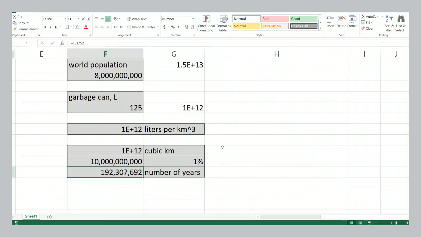Then it'll take us approximately 200 million years to have enough garbage to fill up 1% of the Earth's volume.